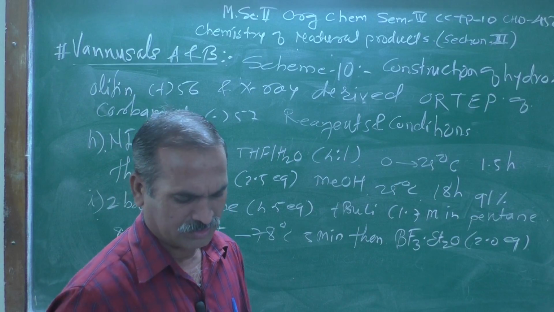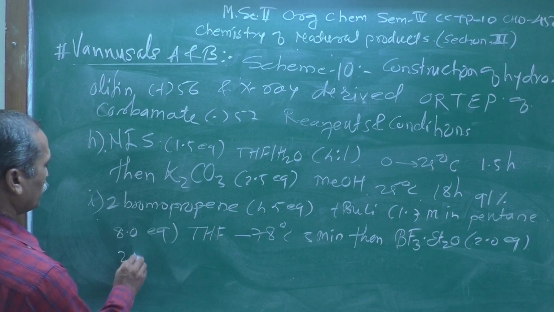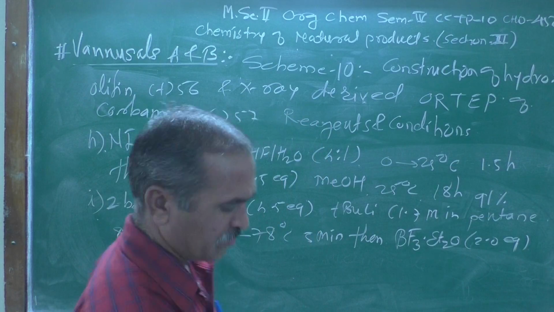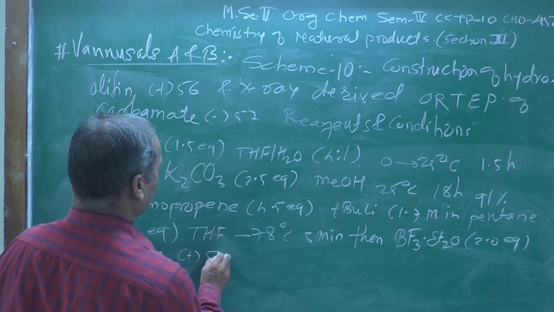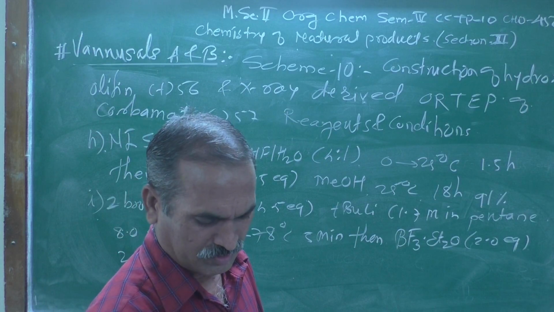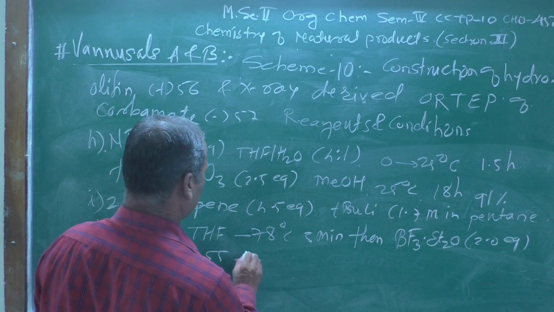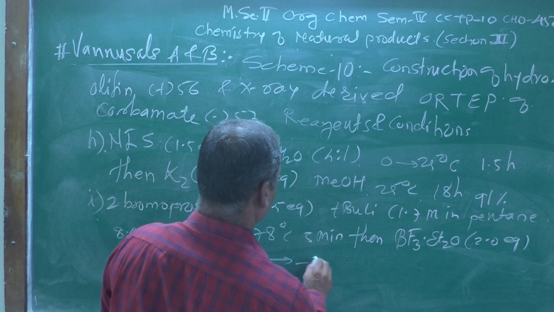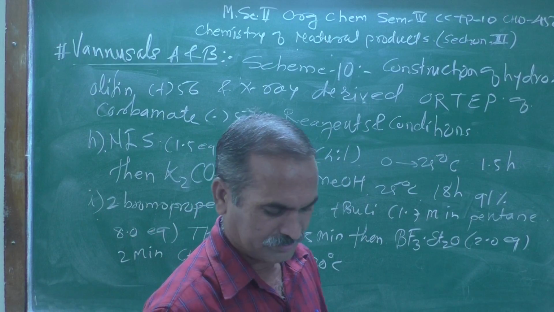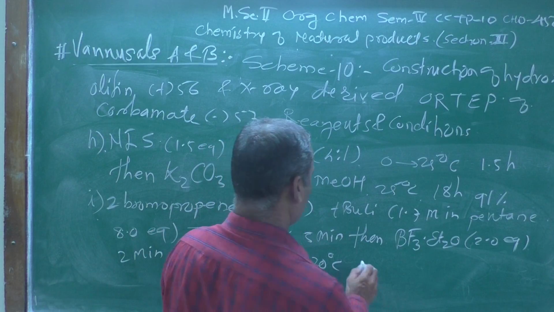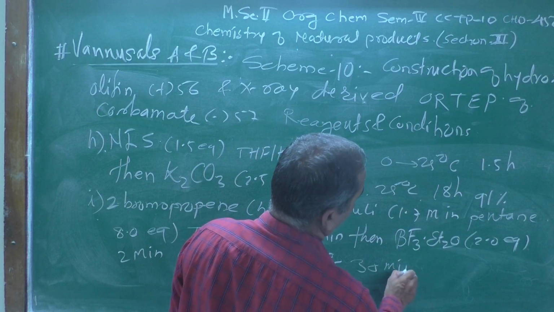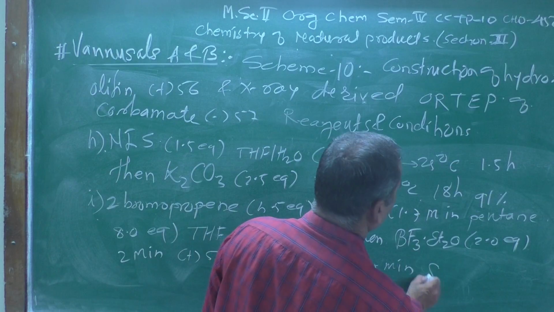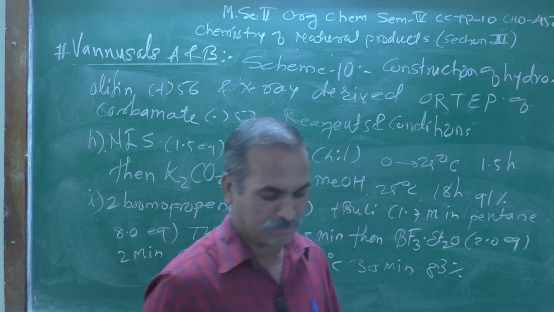This reaction mixture was stirred for 2 minutes at minus 78, then the temperature changed to minus 20 degrees centigrade, and this reaction mixture was stirred for 30 minutes, and the overall yield obtained was about 83%.